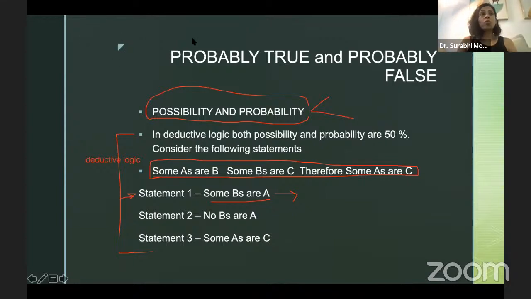Is it definitely true, probably true? Yes, I'm getting some answers from Nipun and Himank and Shwecha, Mudit. Yes, so this is definitely true. So let's write down definitely true here.